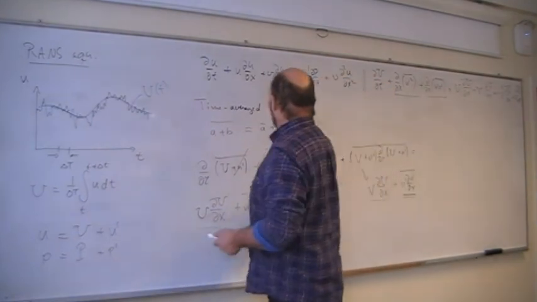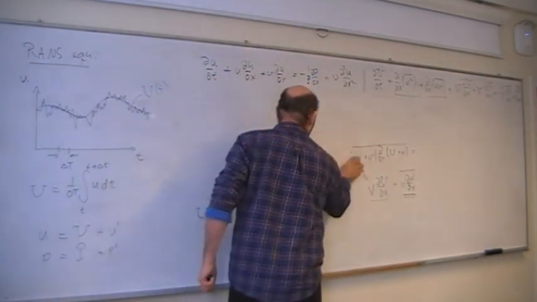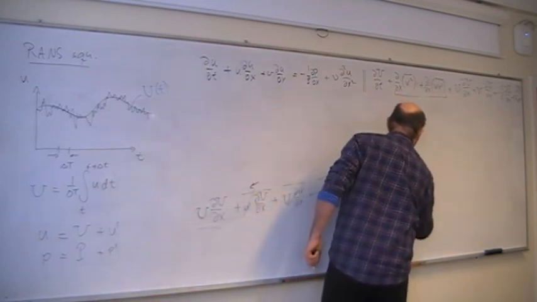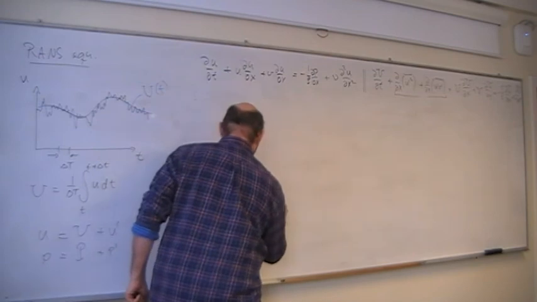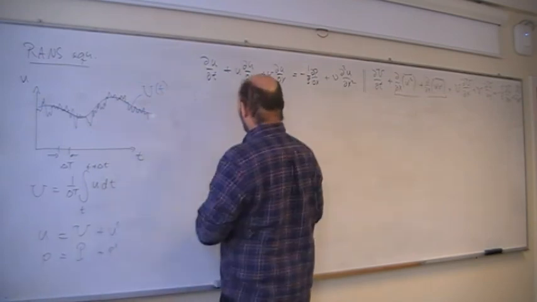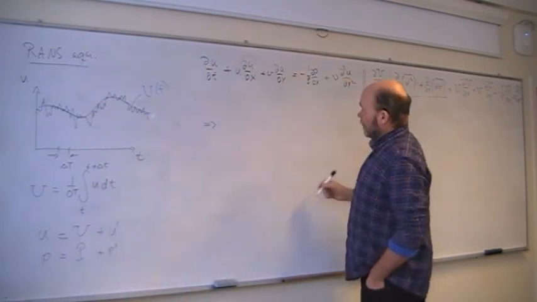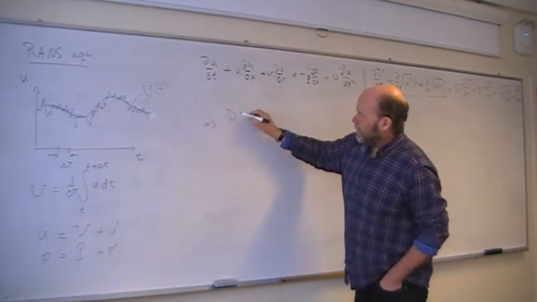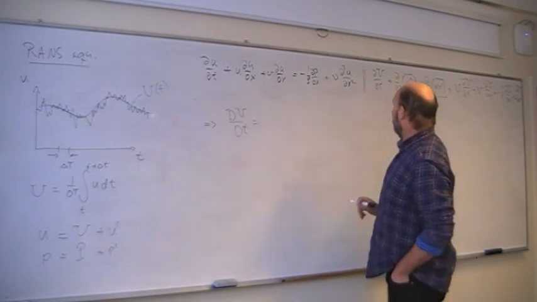So that our RANS equation will look something like this. So this one now looks something like this. I just write it for short, du dt.